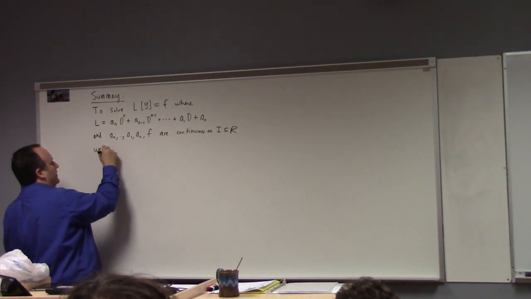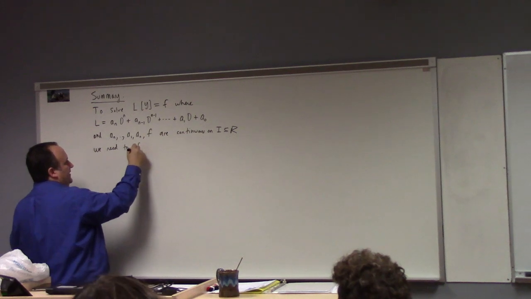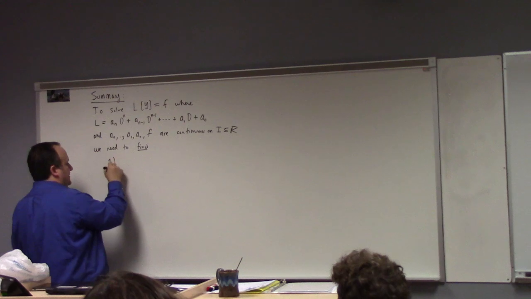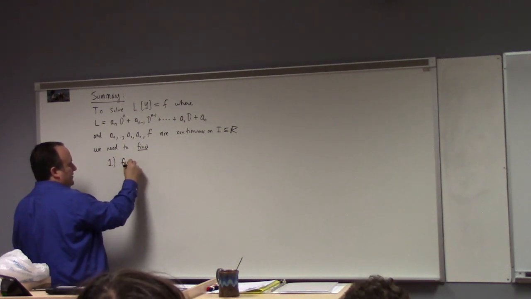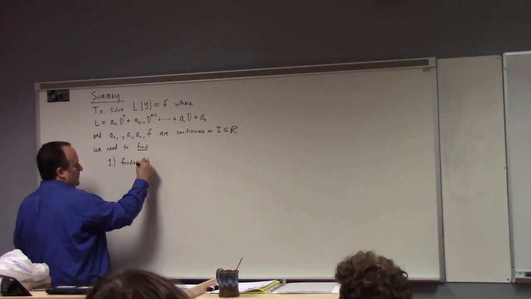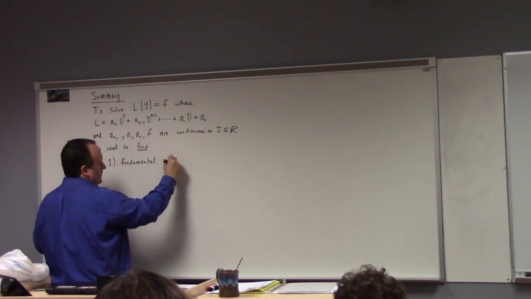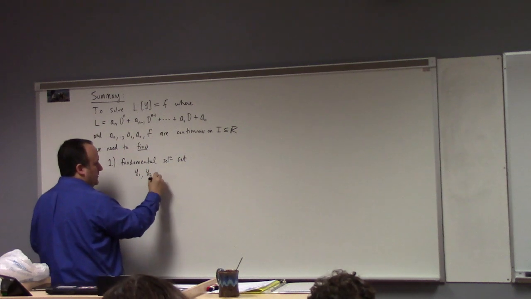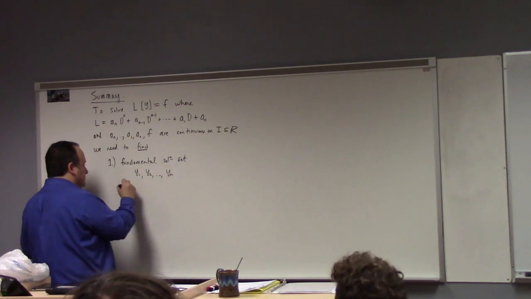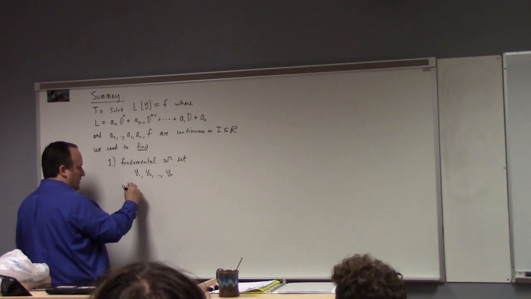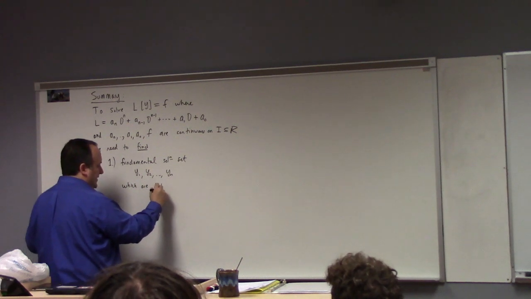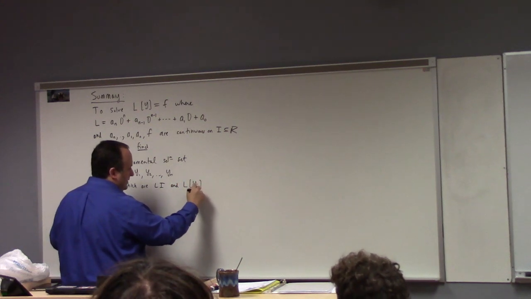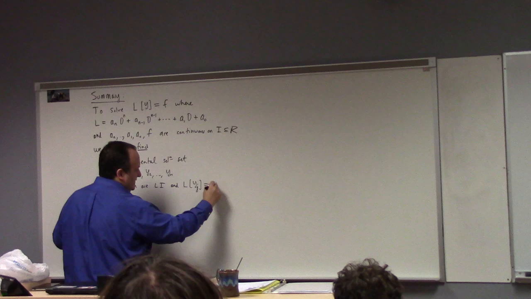We need to find, number one, a fundamental solution set y_1, y_2, ..., y_n, which are linearly independent, and we also need L of y_j equal to 0 for all j.